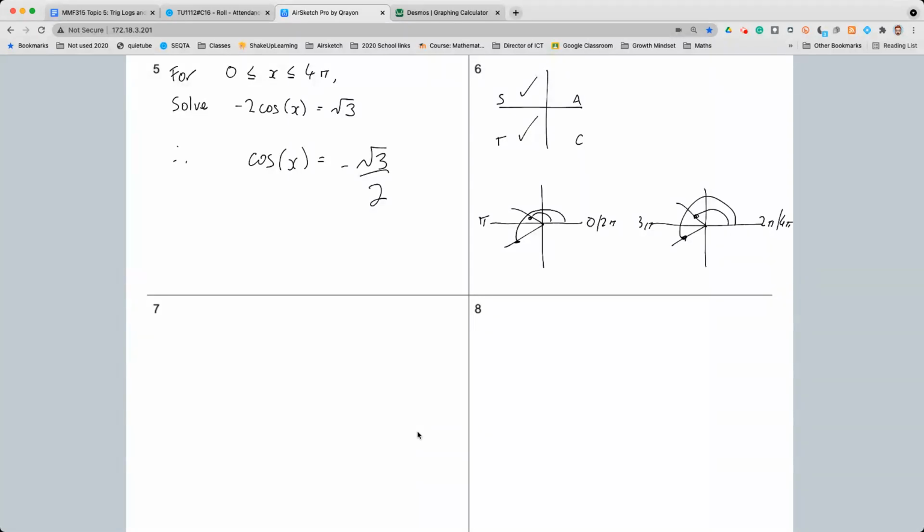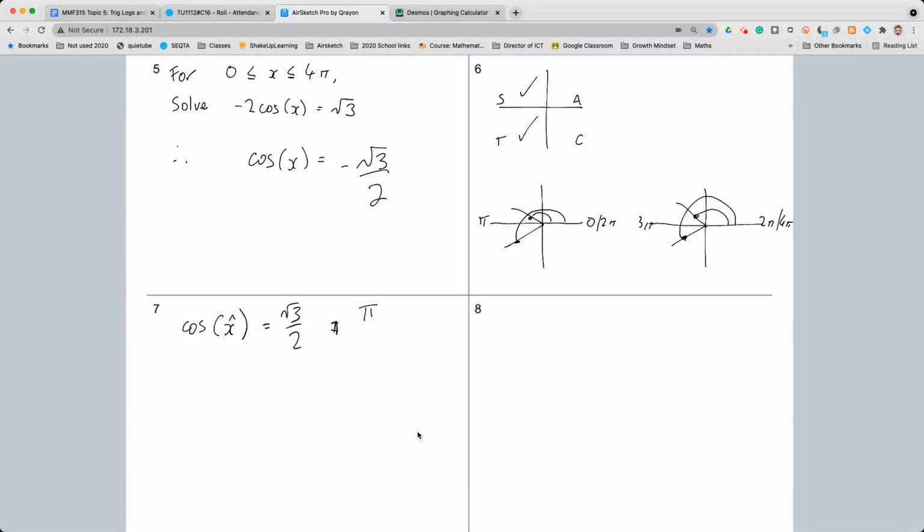Now I hope you can see that in order to work this out, I'm always needing to work out the acute angle between the x-axis and the line. So I'm always needing to find x hat, theta hat, whatever. That's why my next step is to work out the acute angle. So I go cos of x hat is equal to, drop the sign because this is the acute angle, root 3 on 2, and that's equal to, consult your diagram, your table, pi on 6.